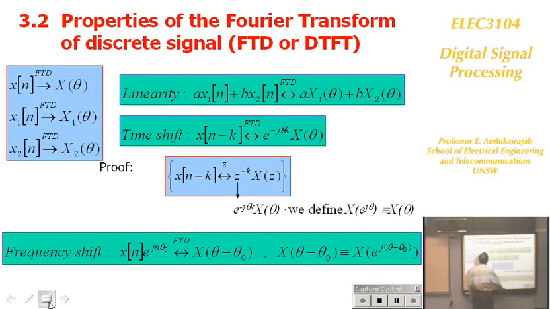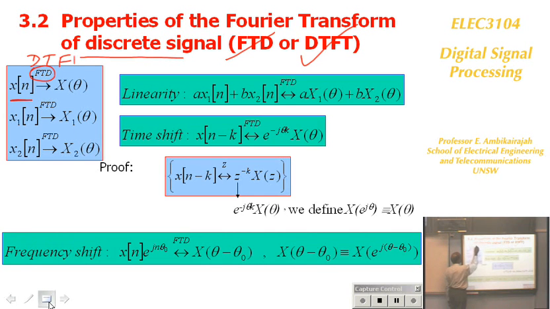Now, we just look at the properties of the Fourier transform of a discrete time signal. Well, we just say discrete time Fourier transform. So we say x[n] is your signal. You take the discrete time Fourier transform, which becomes X(theta). x1[n] becomes X1(theta), x2[n] becomes X2(theta).